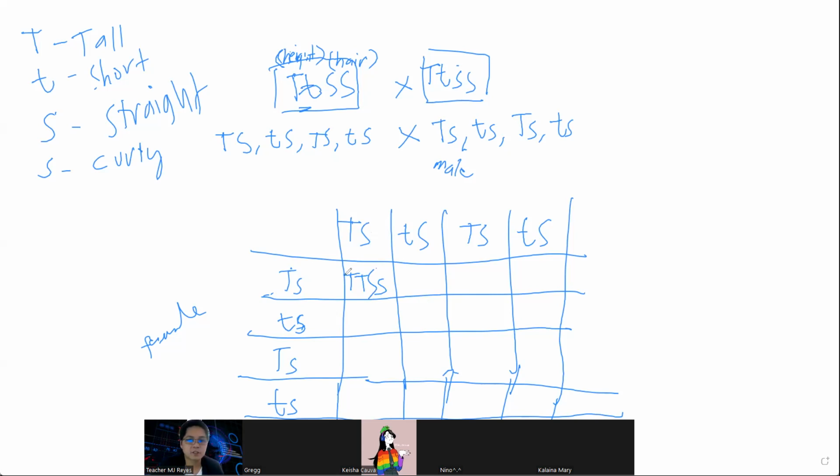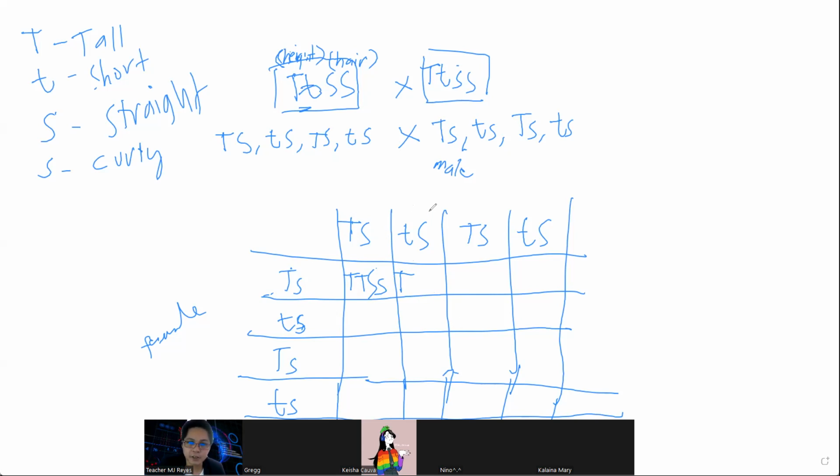Okay, we have homozygous tall, heterozygous straight. By the way, in writing genetic interests, you need to start from the dominant allele. That is why we're writing capital letter here.